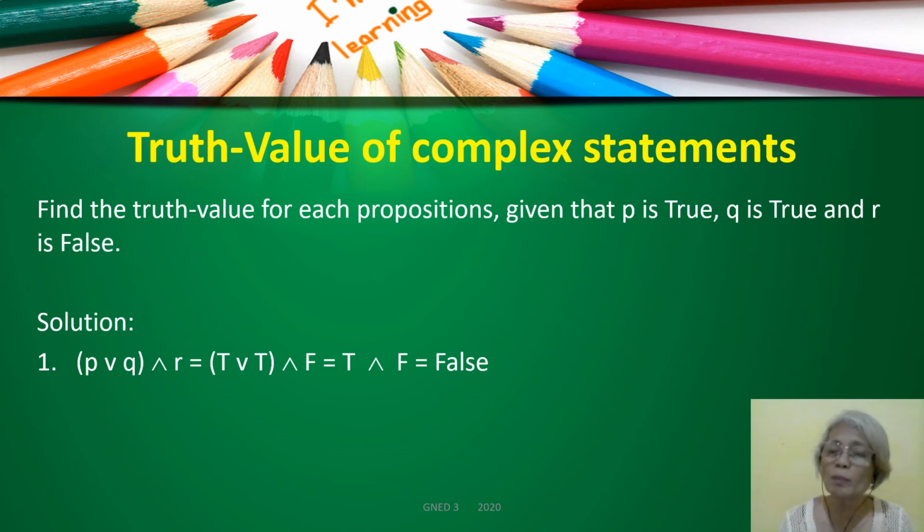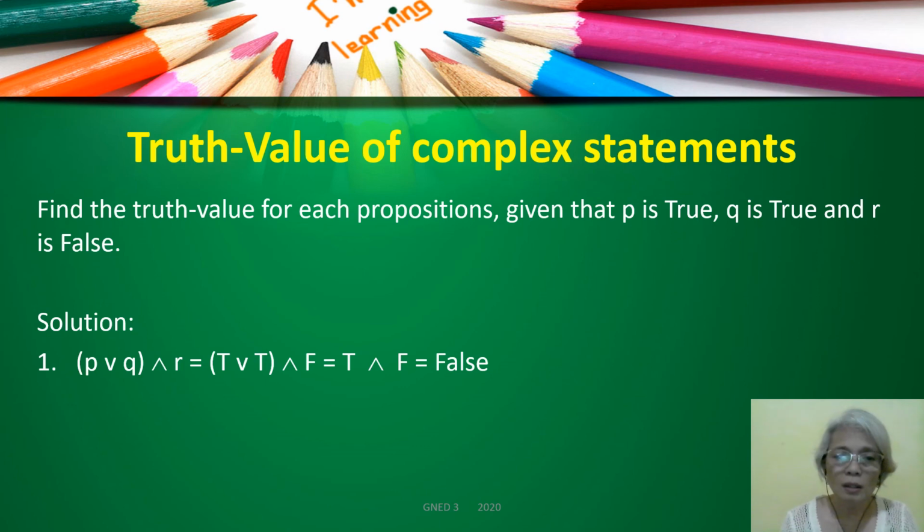Pag conjunction, pag may isang false, false ang conjunction. Ang disjunction, pag may isang true, true ang disjunction. Ang conditional, if then, false lang siya pag true yung antecedent, tapos false yung consequence. So, TF, dun lang siya magiging false. Otherwise, all combinations will be true. And then, for biconditional, true siya kung pareho ng truth values yung dalawang propositions.